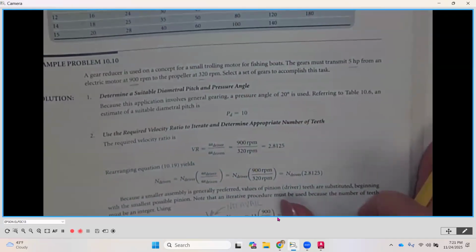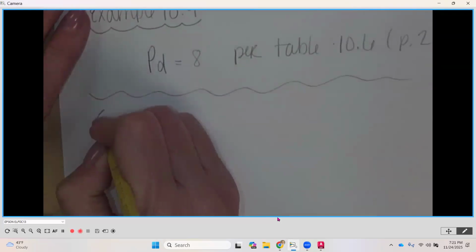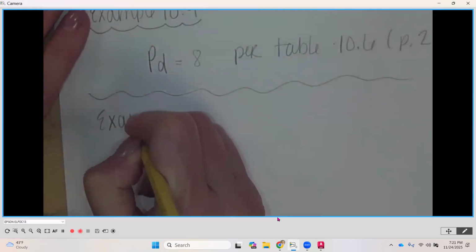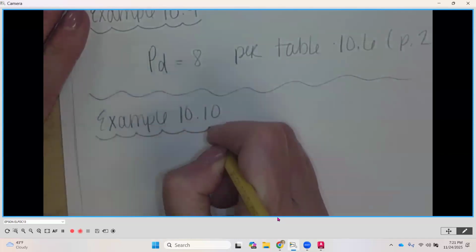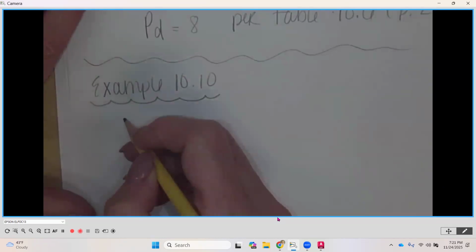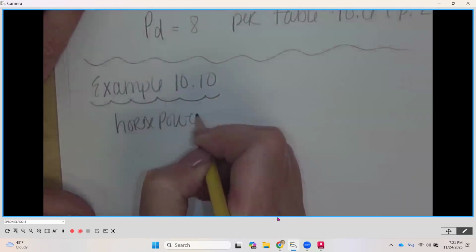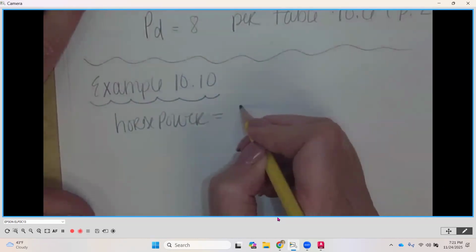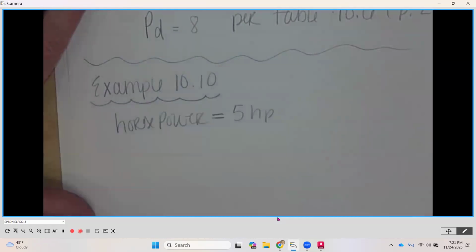Okay, so this is going to be problem 10-10. So I'm just going to go right down below here. So example 10-10. And what we're given here is that our horsepower equals 5 HP, 5 horsepower.